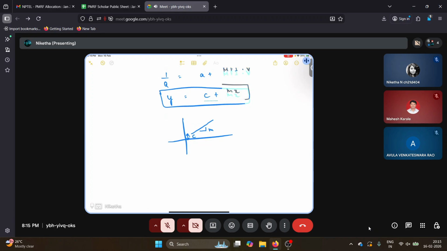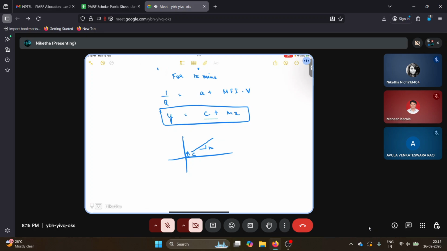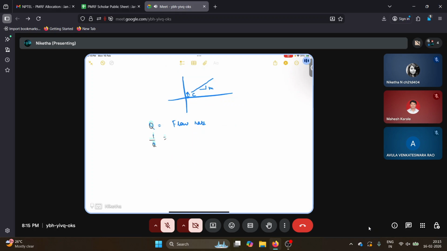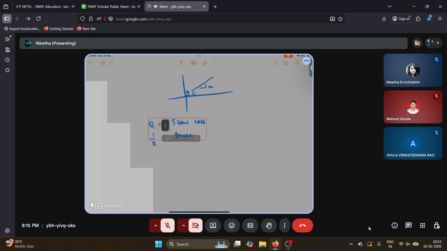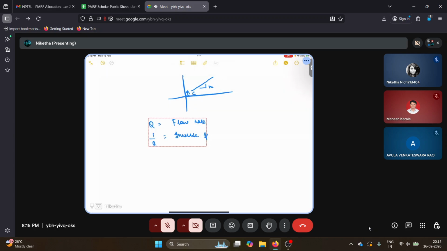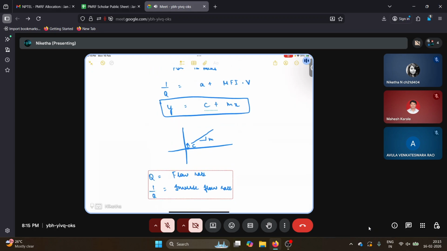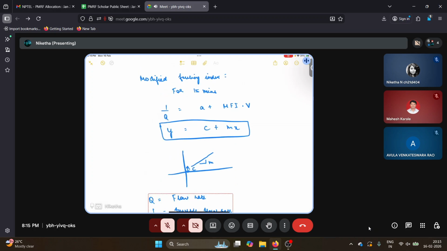So if you make a plot with y, which is 1 by Q, where Q here is the flow rate, so 1 by Q is the inverse flow rate. And you also know the volume, which is what you are recording every 30 seconds.